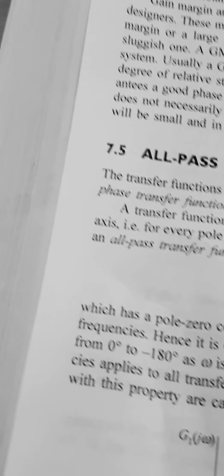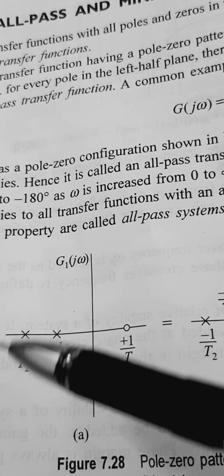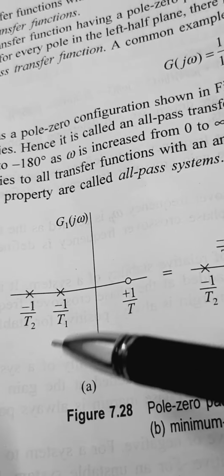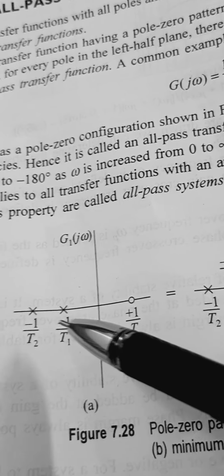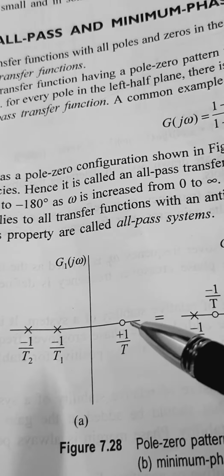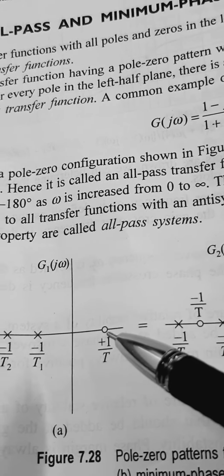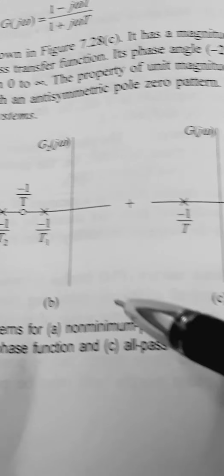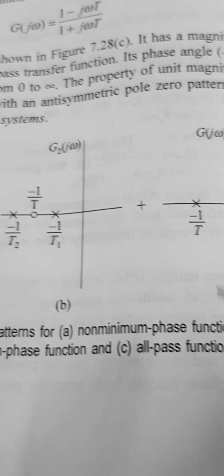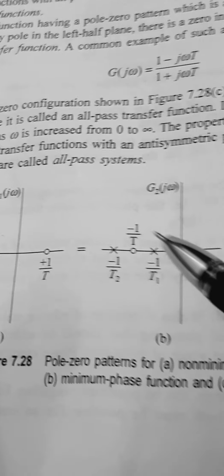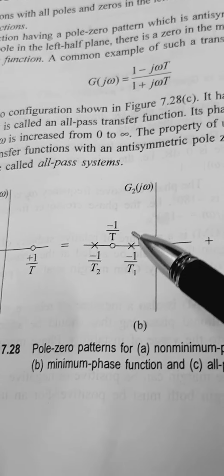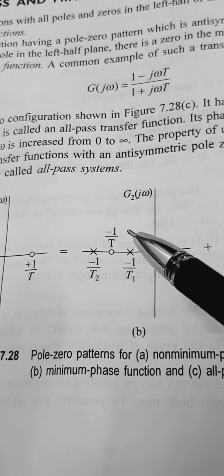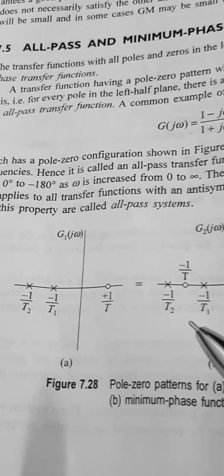Now, here there are 2 poles on the left half of the plane and 1 zero at the right half of the plane. So it is known as a non-minimum phase function. When all the poles and zeros are on the left half of the S-plane, it is known as a minimum phase function. This is a non-minimum phase function.